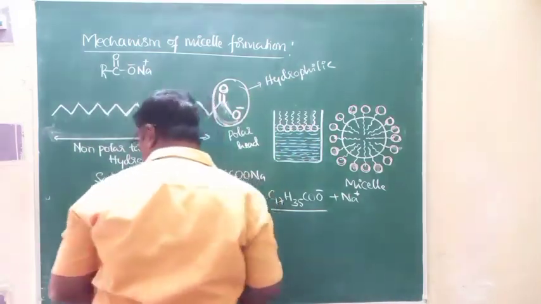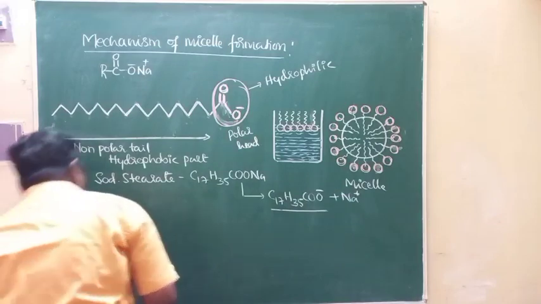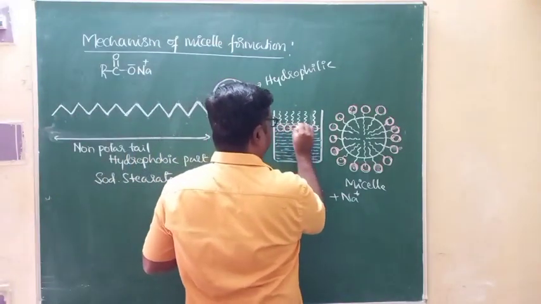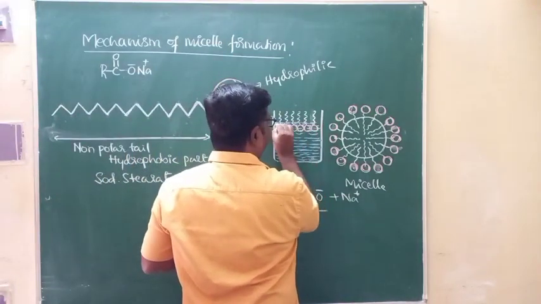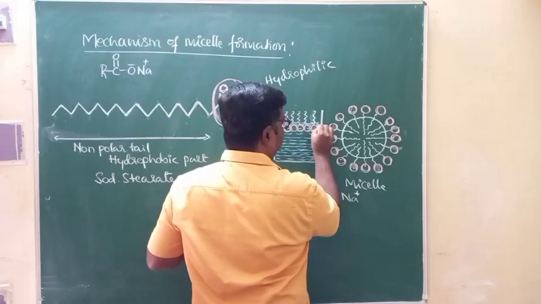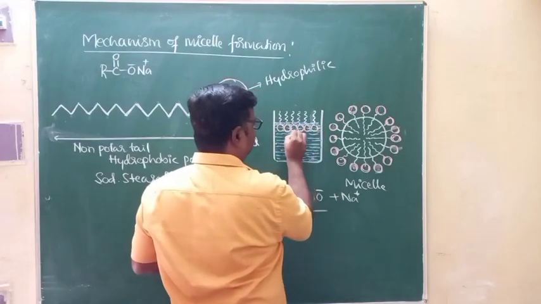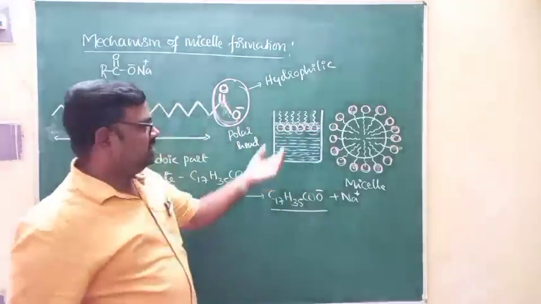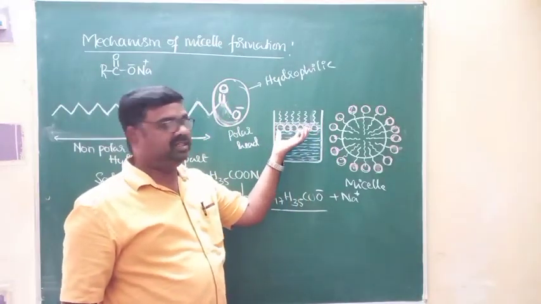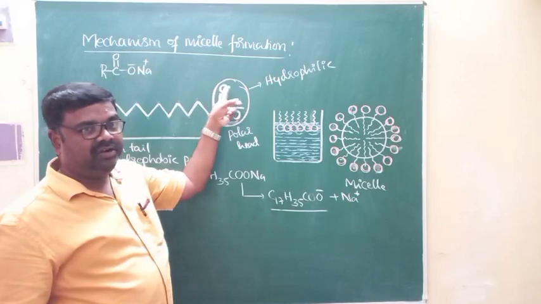Whereas the polar head, that is the negatively charged polar head, will be in the water, because the polar head will be soluble in water. It is the hydrophilic part. The red colored sphere is the hydrophilic part.